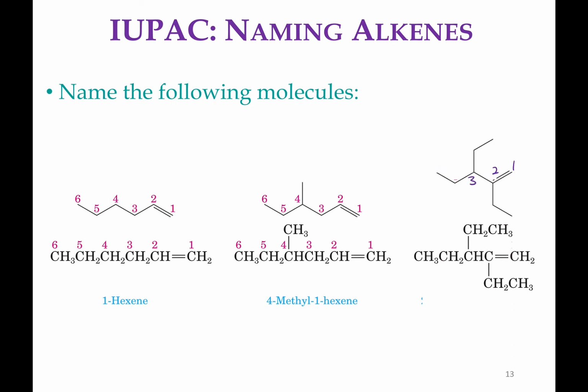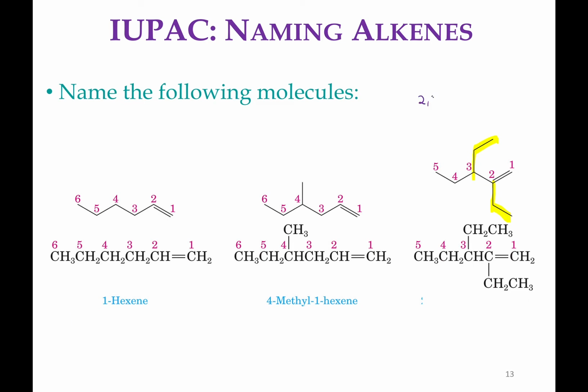Well, I don't know. I have this in the computer. I don't know why. Doing it the old-fashioned way. 1, 2, 3, 4, 5. So I have 2 substituents, and those substituents are here, and they're both ethyl groups. So they are going to be diethyl, and they're going to come at numbers 2 and 3.